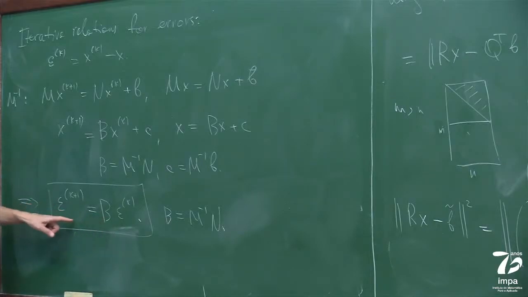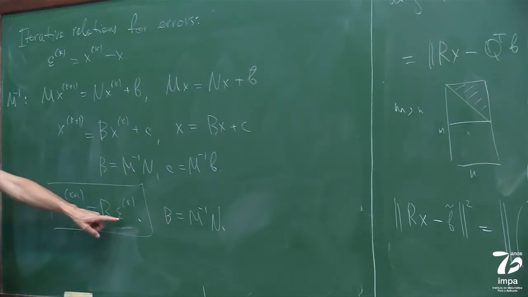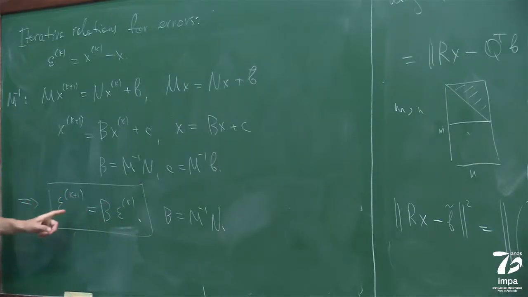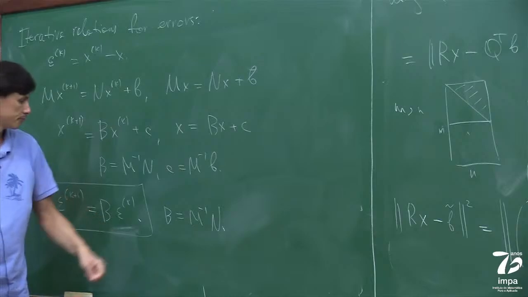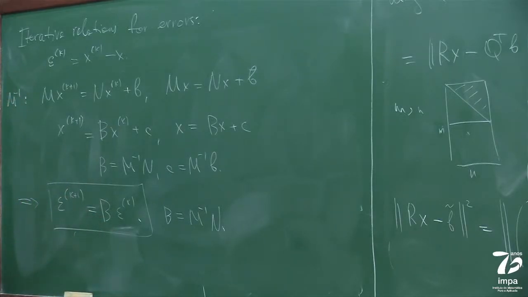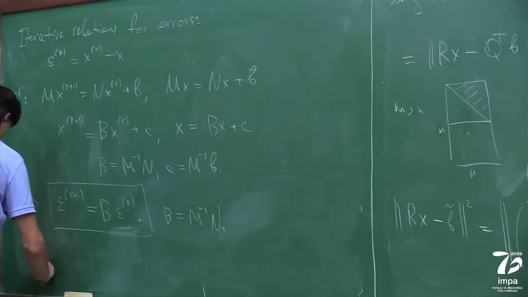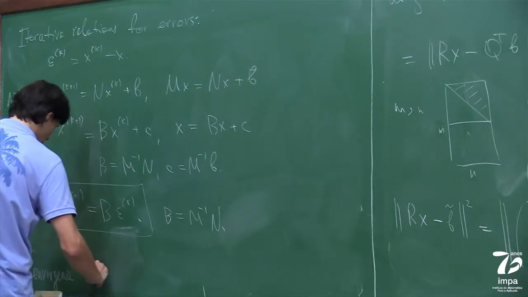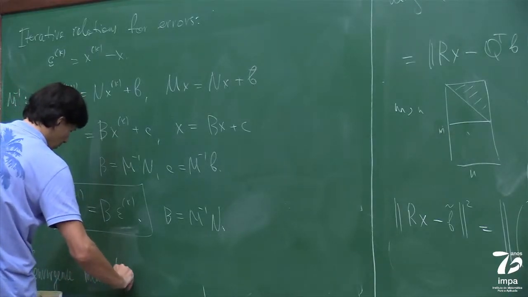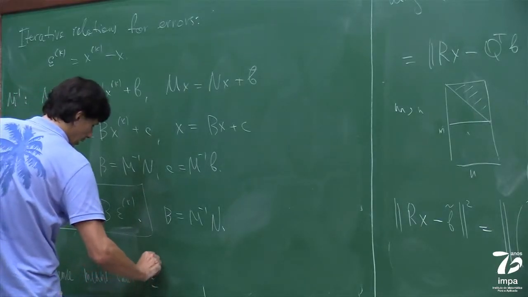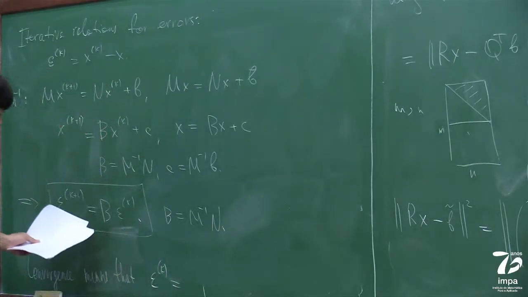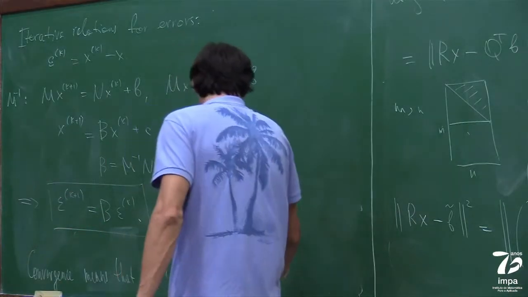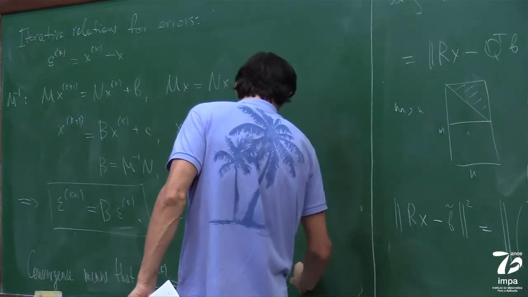Every time, if the error of the k-th approximation was this epsilon, then on the next iteration it will be just multiplied by this matrix B. Okay, so convergence means that epsilon k, which is B multiplied by the previous one, goes to 0 as k goes to infinity.